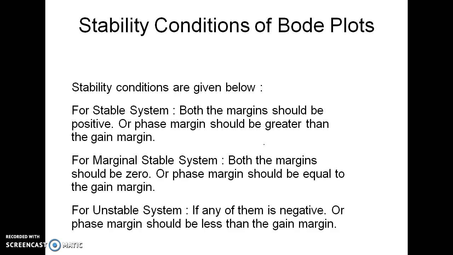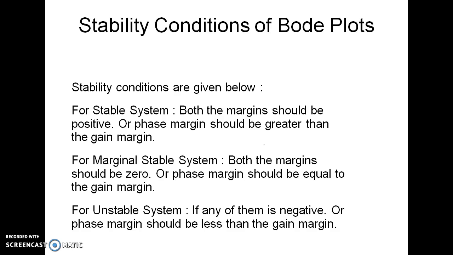Similarly, if GCF equals PCF, both margins are 0 and your system is known as a marginally stable system. For an unstable system, you will find that either the gain margin or phase margin is negative, or both are negative, and the system is unstable.